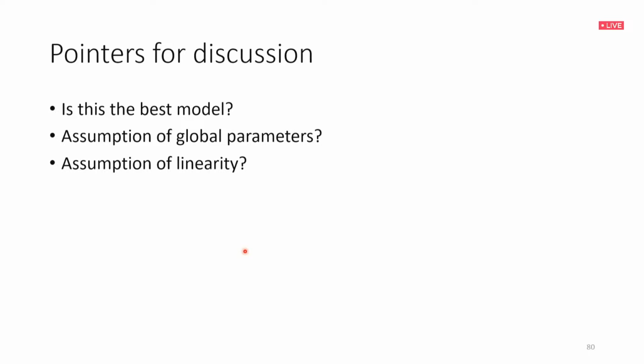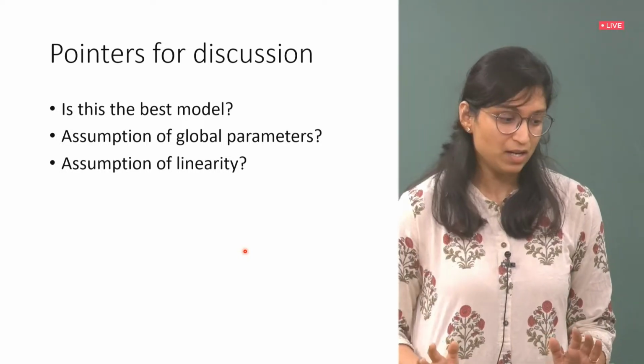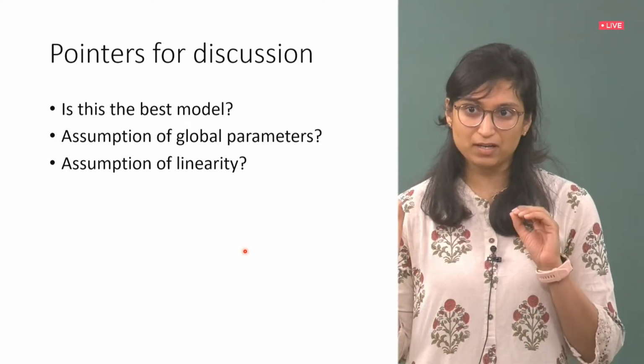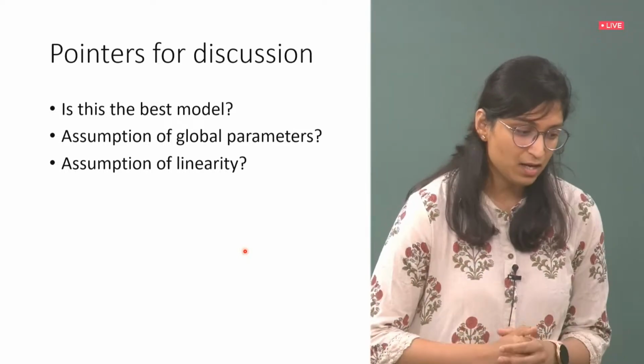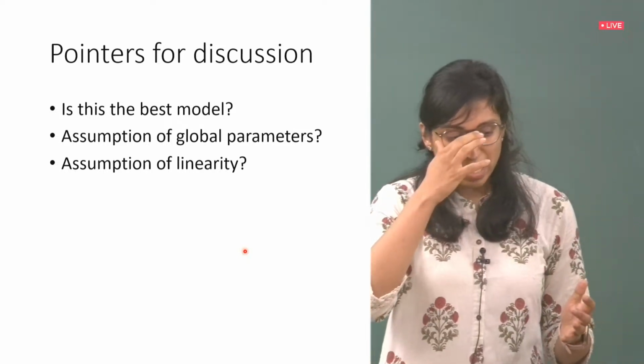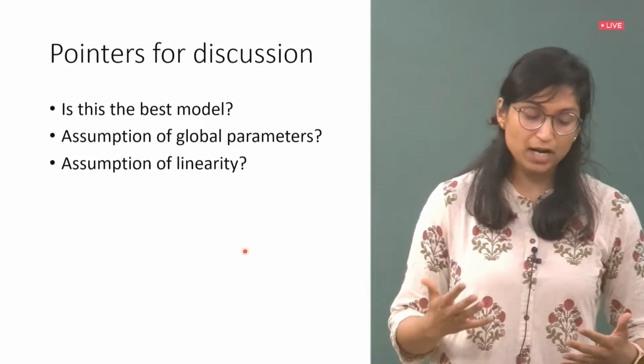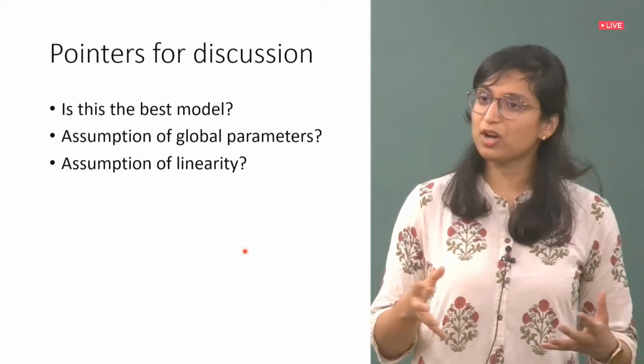Assumption of linearity. The model that I showed you today was linear, but does that mean the brain is linear? Definitely not. All it means is that a linear model can capture the data that was recorded from the brain accurately, the spectral data accurately. But it is an open question as to what processes are non-linear and to what extent, and how this non-linearity varies.